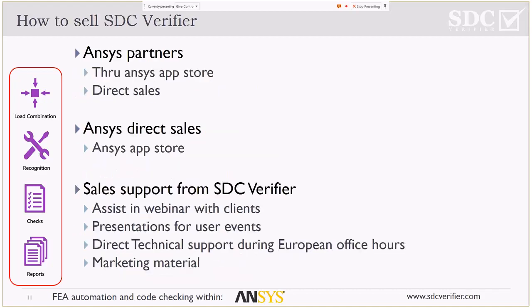And here is a question about how do we compete against software developed specifically for civil engineering, like SAP 2000? The drawback of these dedicated programs is that, well, they are of course very good in the code checking part, but it is only code checking.